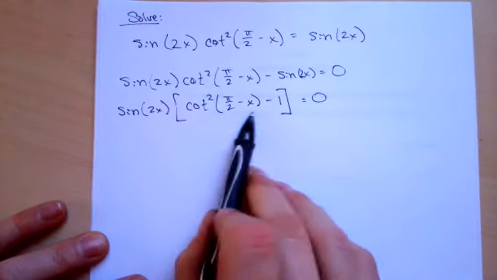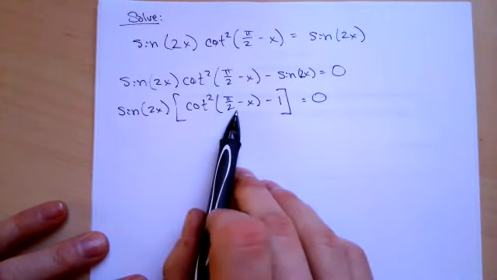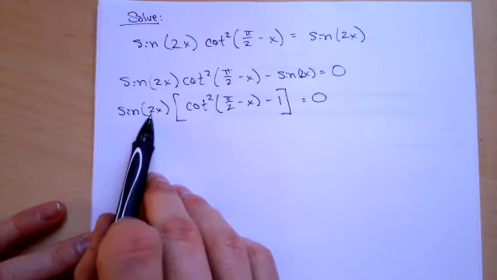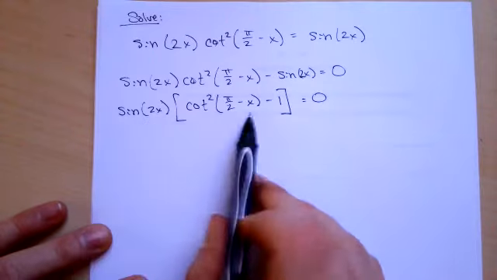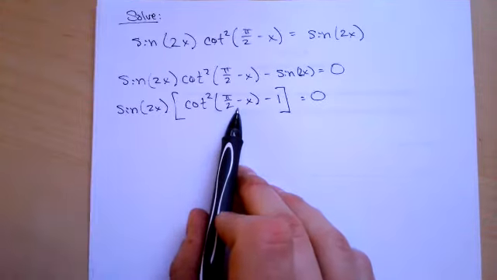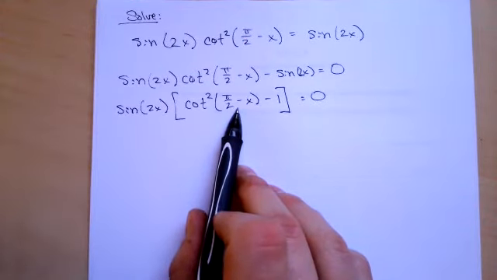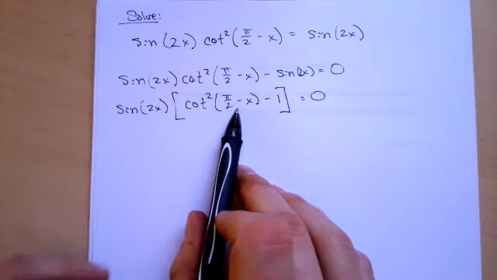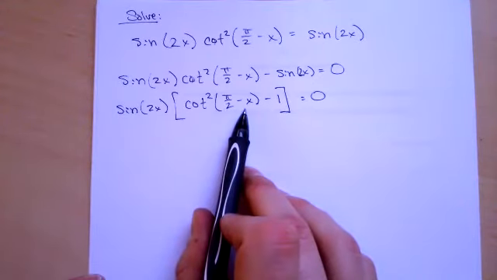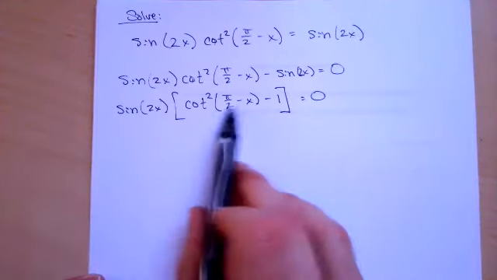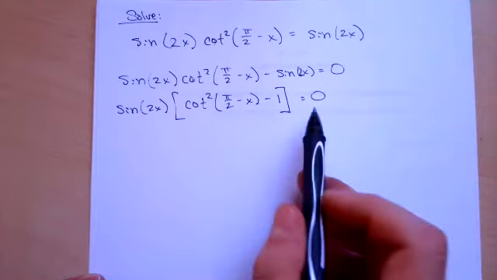However, this argument's a little messy. This one, well, kind of messy. It's a 2x, but we can't really do anything about it. This one, we don't really like addition and subtraction in there. We could solve it the same way, but this is also a cofunction identity, namely cotangent of pi over 2 minus x is tangent of x.